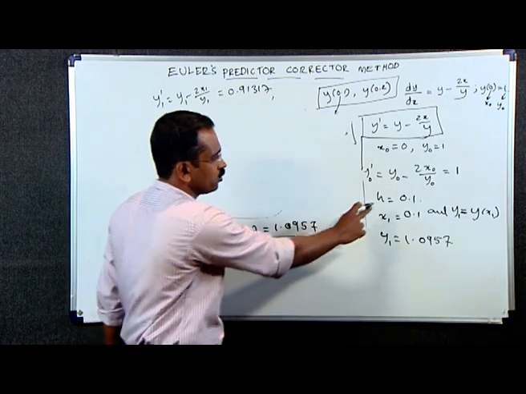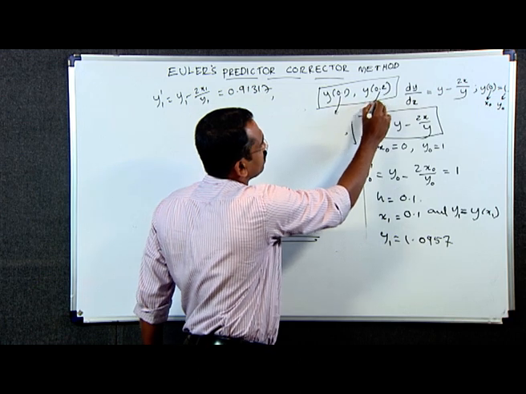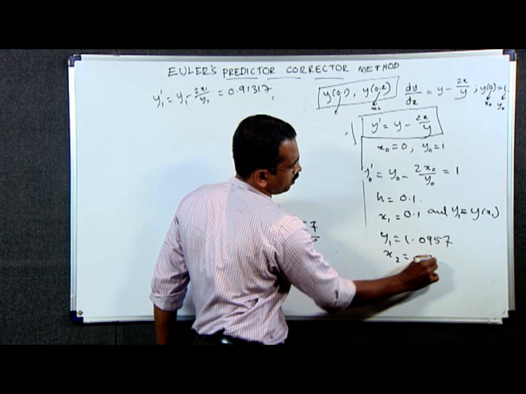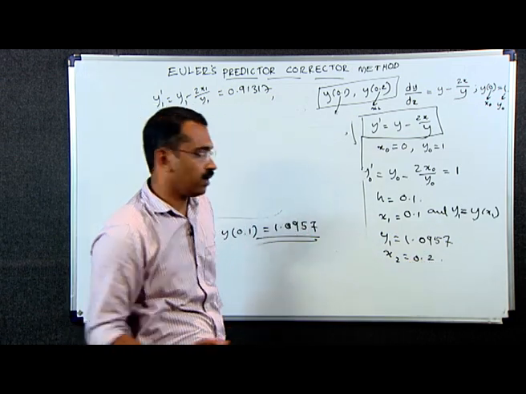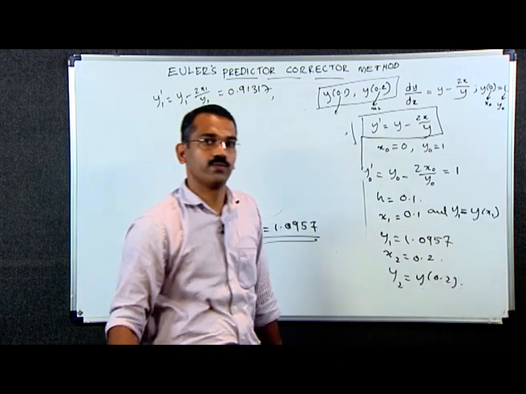Here h is equal to 0.1 and we take x2 as 0.2. This is x2. x2 is equal to 0.2 and y2 is equal to y of 0.2.